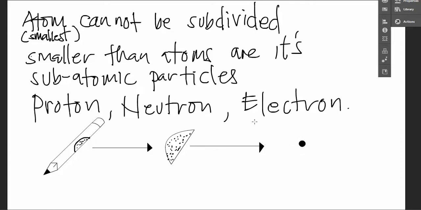So this illustration shows us that an atom is a subdivided particle of a molecule that makes up a matter. This is the atom. Combining it, or reversing this, forms a bigger particle which is a molecule.